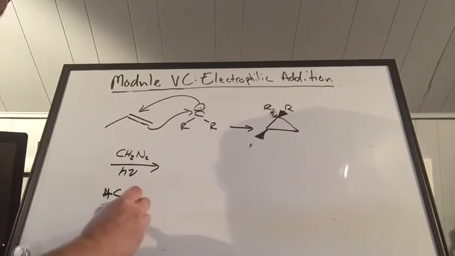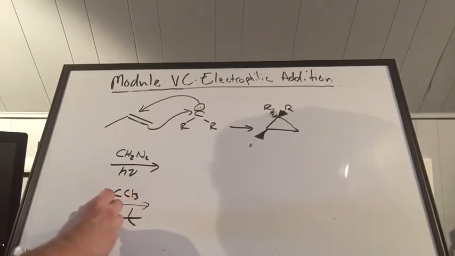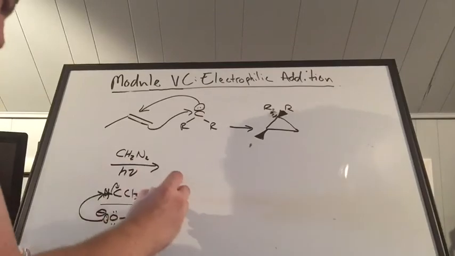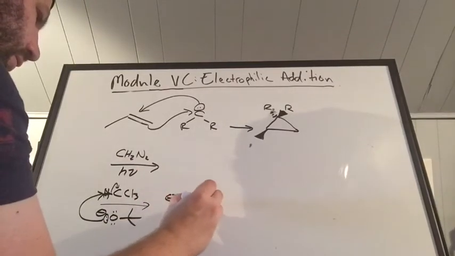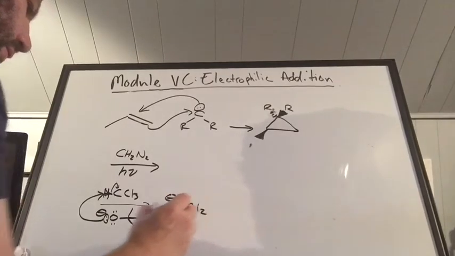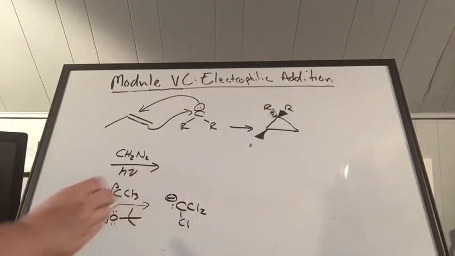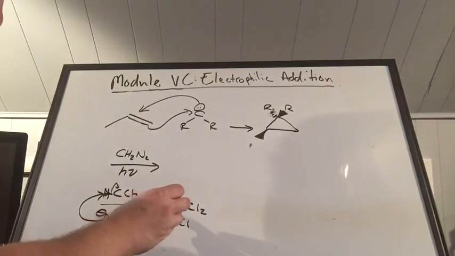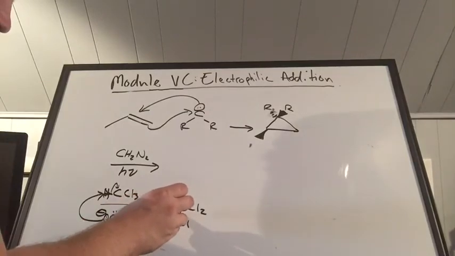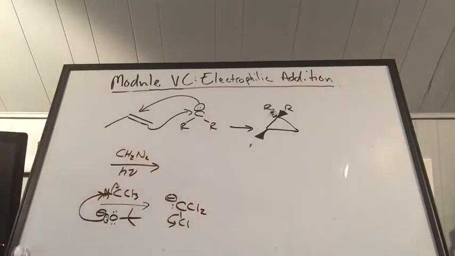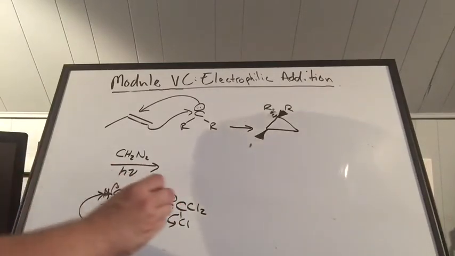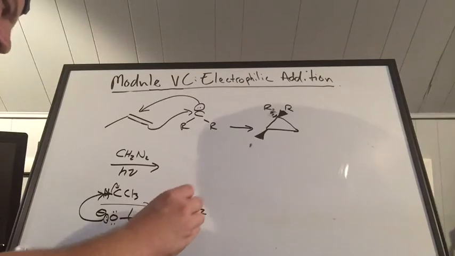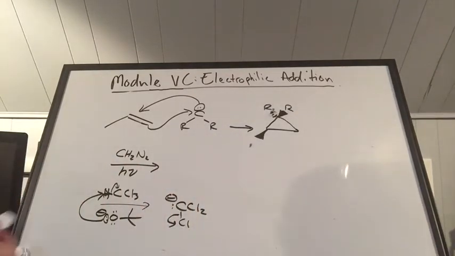And use a strong bulky base like butoxide to remove that hydrogen. Okay. So this is going to be sort of an unstable carbanion, even though these are electron withdrawing. But the more stable form would be a Cl minus.